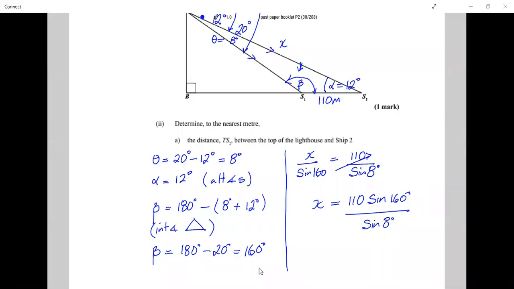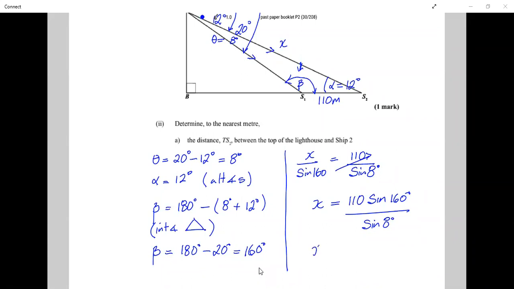And so x would be equal to 110, the sine of 160 degrees, and this now is divided by the sine of 8 degrees. And the answer is x.